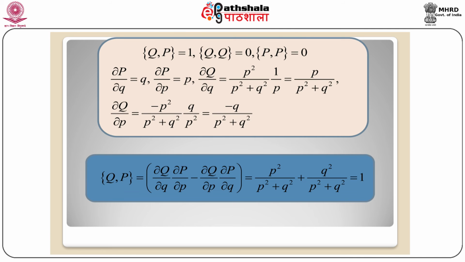Now Poisson bracket of capital Q with capital P is defined as this. Using this value already obtained, we get after simplification that Poisson bracket of capital Q with P is equal to 1. So the transformation is canonical.